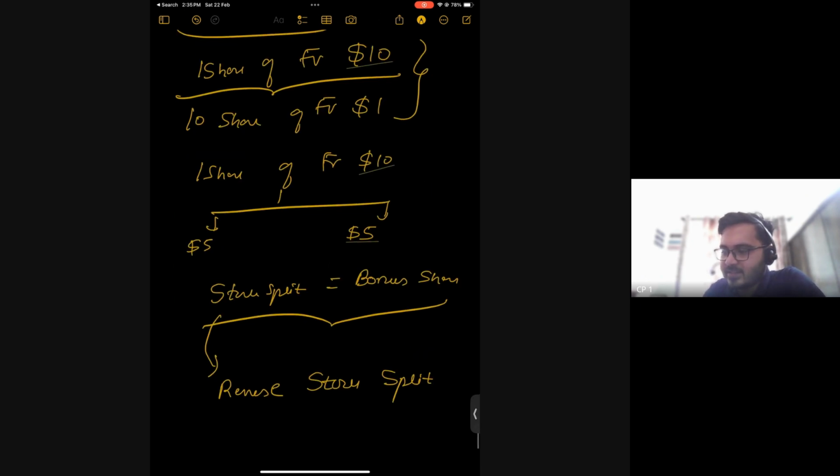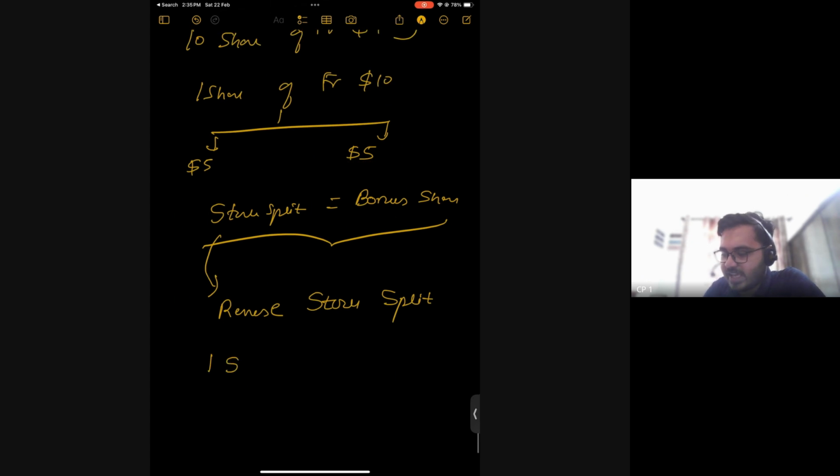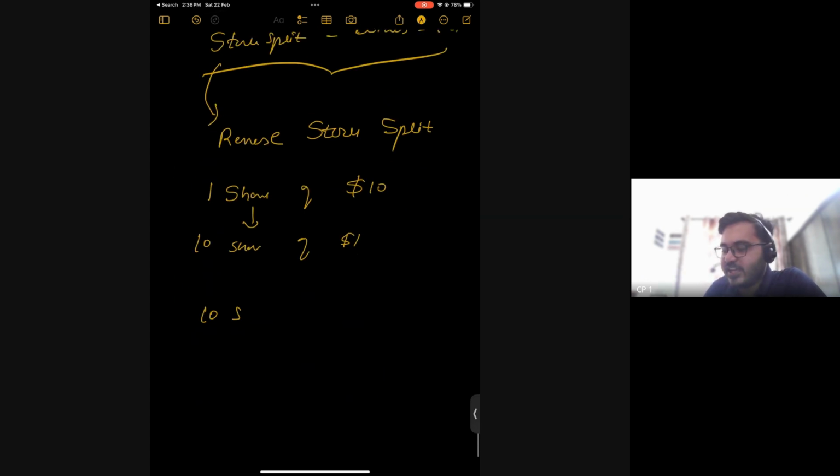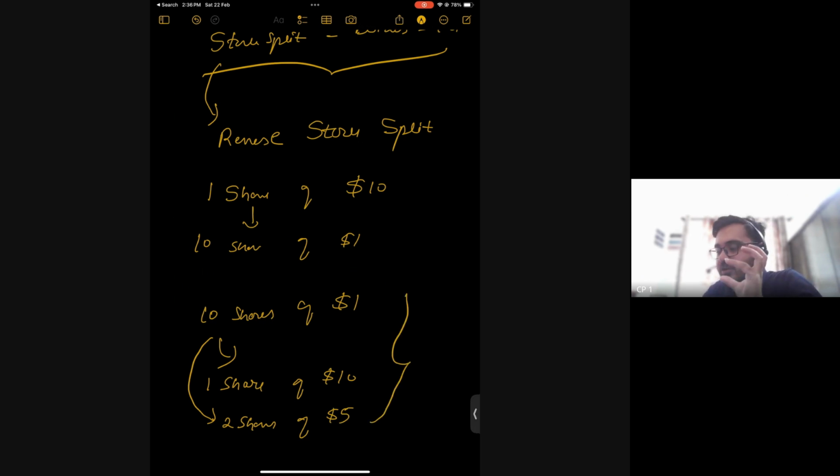Instead of converting one share of $10 into 10 shares of $1, you do the exact opposite, wherein you convert 10 shares of $1 into one share of $10. Or you can also convert this into two shares of $5 each. So this is where you're reducing the number of shares. This is where you're increasing the number of shares. So this is the fundamental difference.